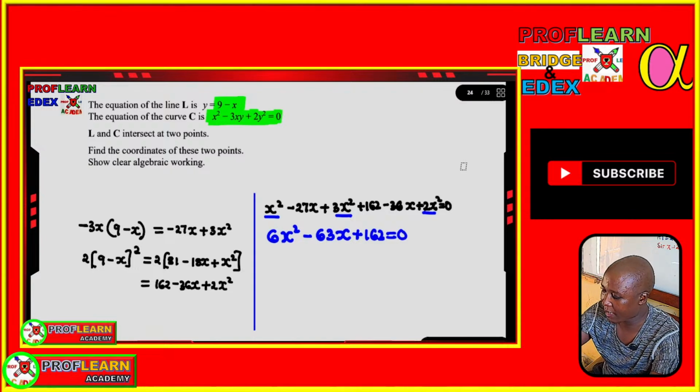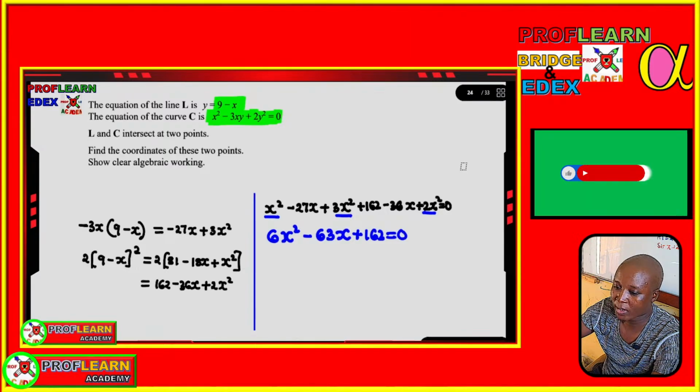With that, we can now solve that quadratic equation so that we can know what is the value of x and what is the value of y.